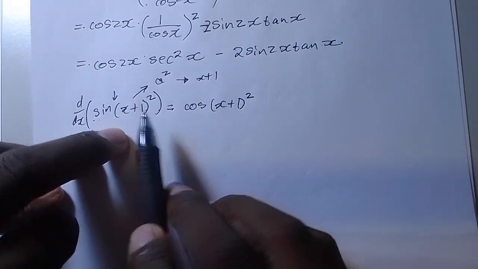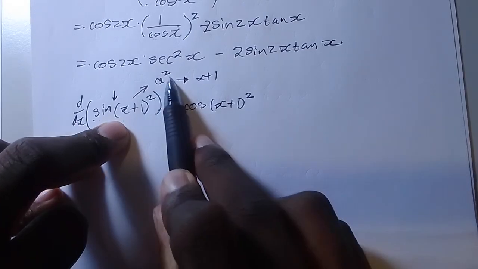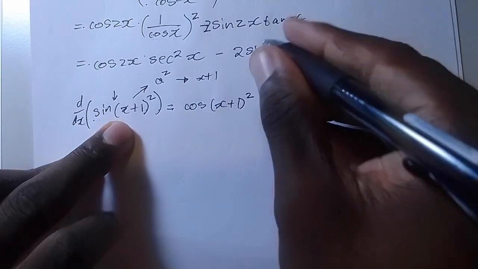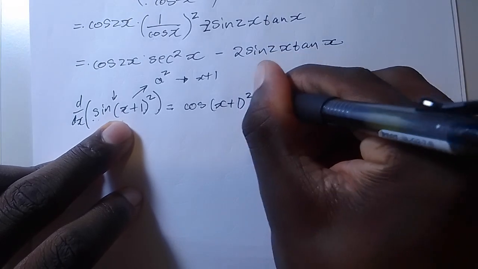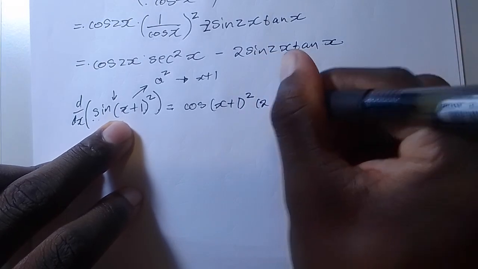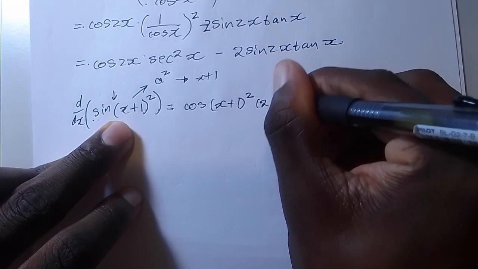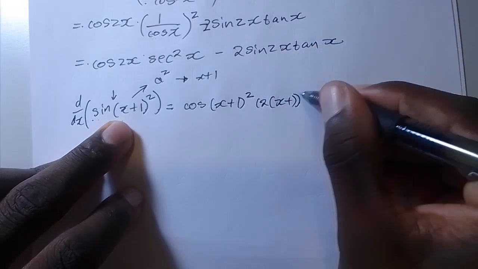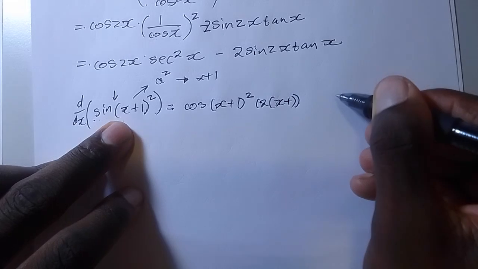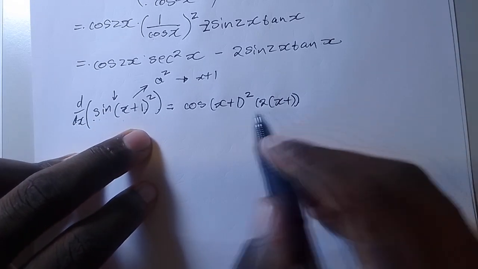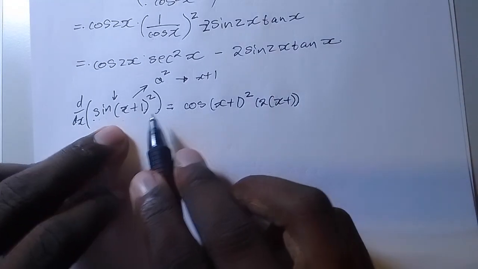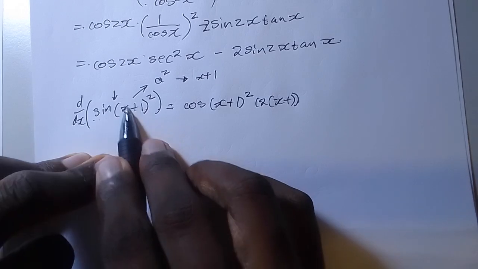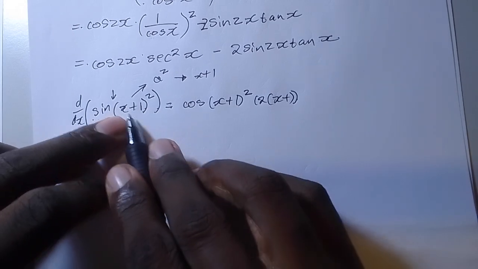So the derivative of the first inside function, which is something squared, we will use the power rule and say 2 times the inside x plus 1. This is to the power of 2 minus 1, which is just 1. Now we need to differentiate the inside function, which is x plus 1. The derivative of 1 is 0. We don't care about it.